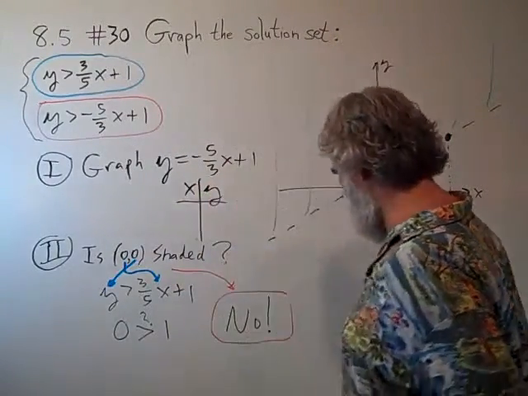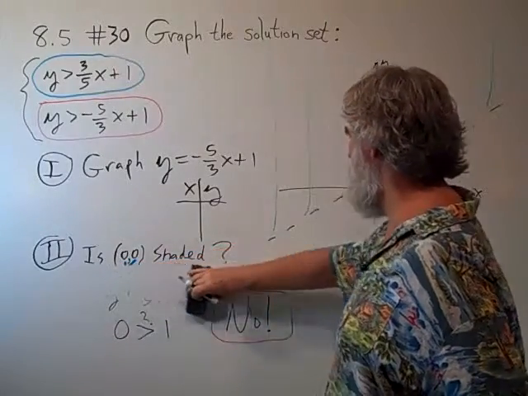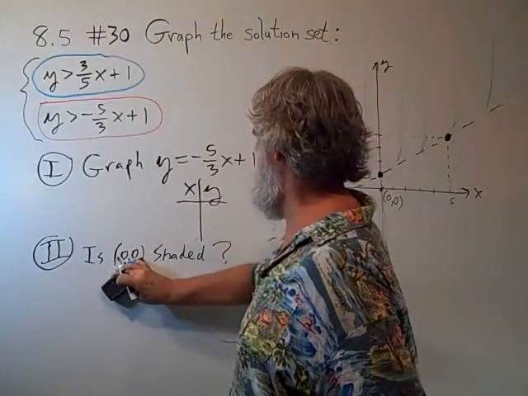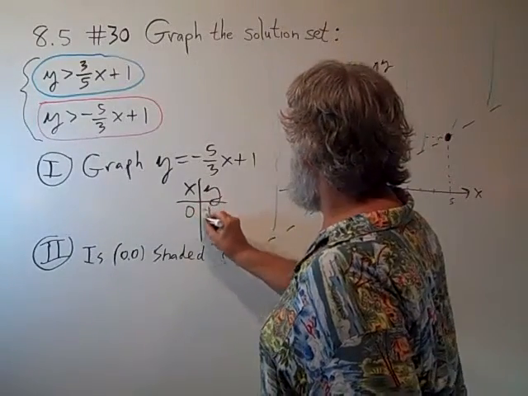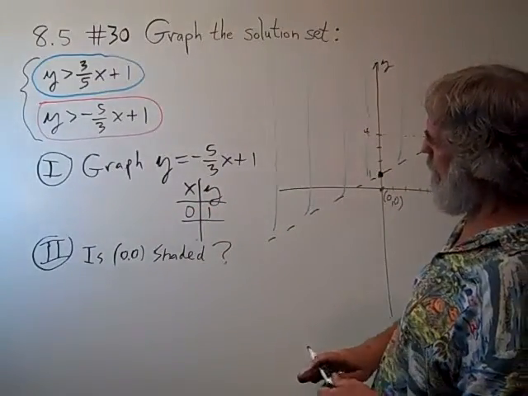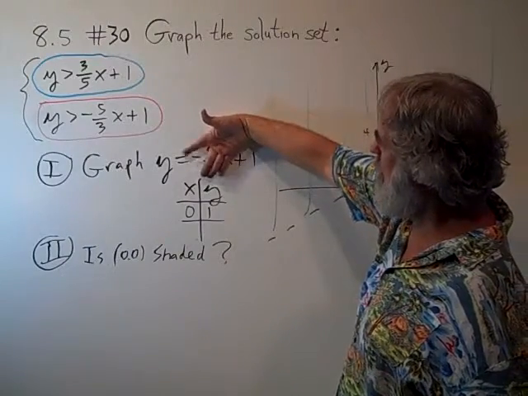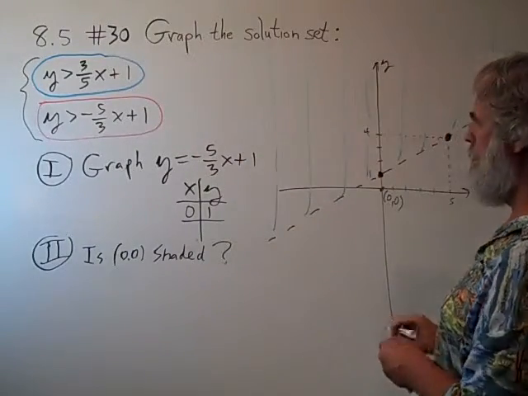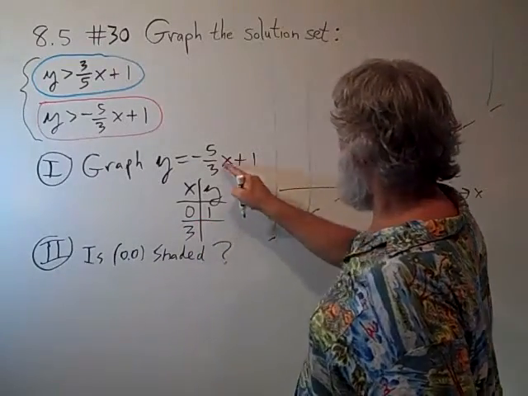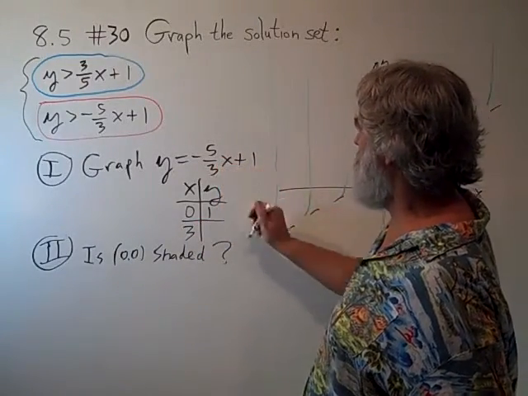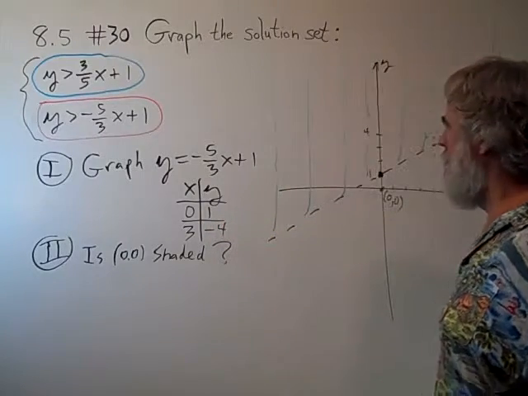And to graph that, we need 2 points that are on the graph. So if x is 0, y is 1. If x is 0, this term disappears and y simply equals 1. And if x equals, say, 3, the 3's cancel, y equals negative 5 plus 1, which is negative 4.